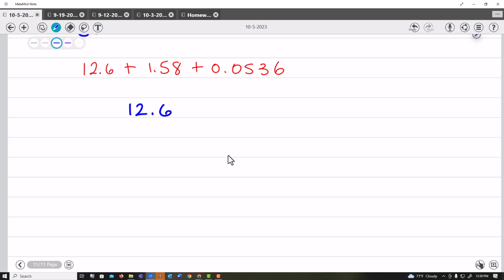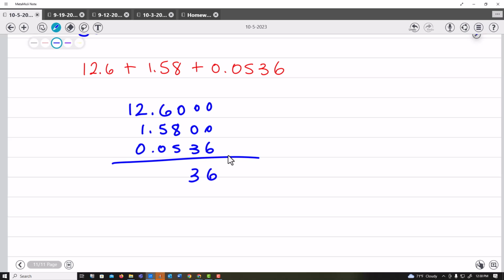So 12.6, 1.58, 0.0536, and if you want, you can put zeros here as placeholders. And now you just simply add this. So 6, 3, that's 13, carry the 1, 11, 12, carry the 1, 2, 3, 4, and you're keeping the decimals lined up. So 14.2336.